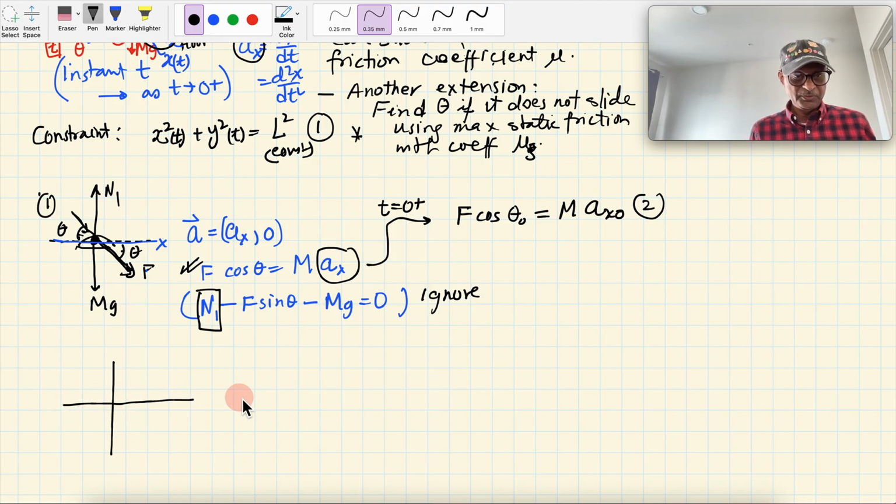Okay, so the other block: the normal is this way, the weight is this way, same weight, same thing, and it's pushing down like that, so we can just draw it over there.